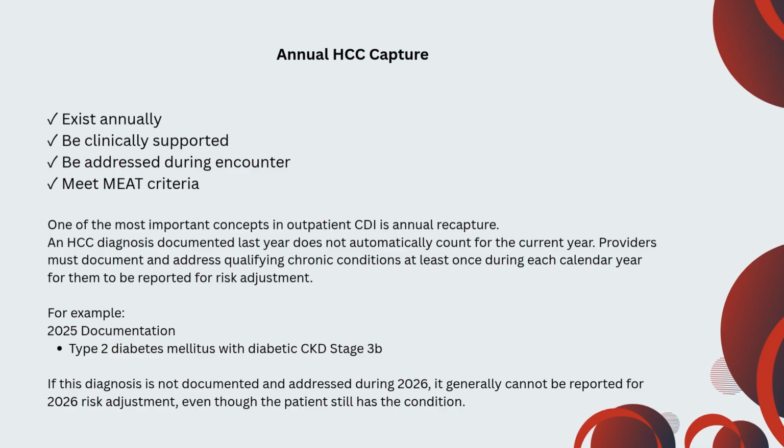Providers must document and address qualifying chronic conditions at least once during each calendar year for them to be reported for risk adjustment. For example, 2025 documentation: type 2 diabetes mellitus with diabetic CKD stage 3B. If this diagnosis is not documented and addressed during 2026, it generally cannot be reported for 2026 risk adjustment, even though the patient still has the condition.